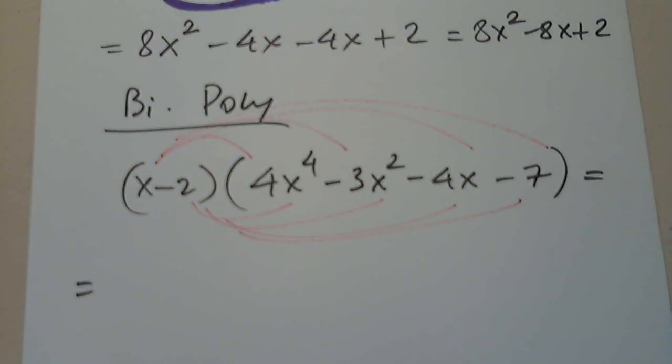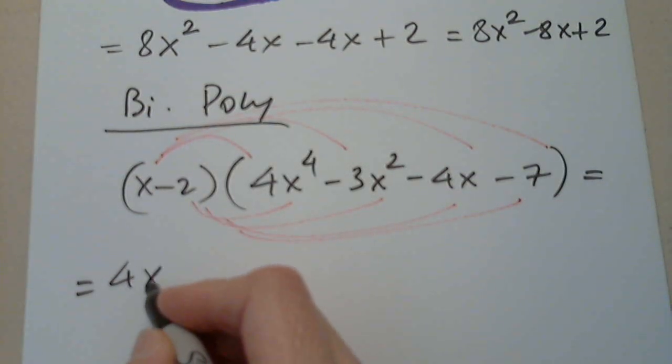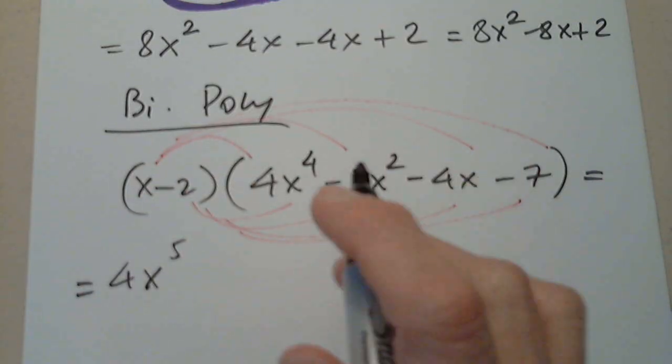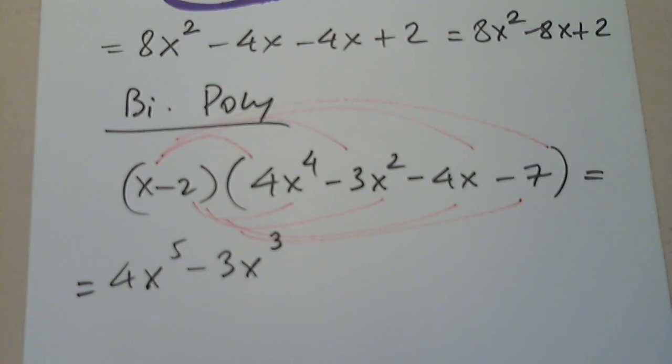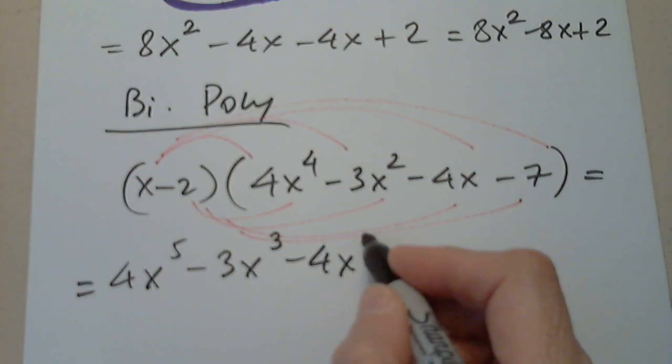So, x times 4x to the 4th is 4x to the 5th. Copy the base, add the exponents. X times -3x squared is -3x to the 3rd. Copy the base, add the exponents. X times -4x is -4x squared.